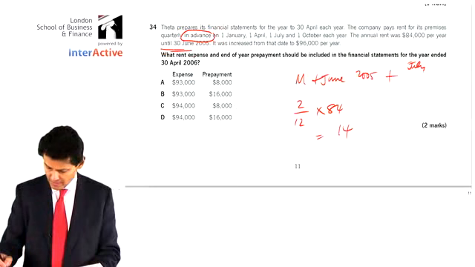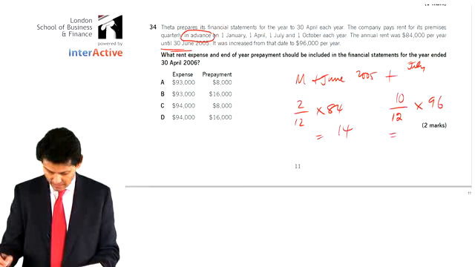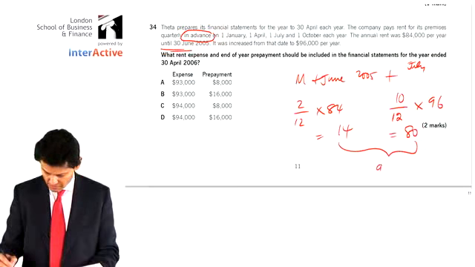So actually that's 10 months. 10/12 multiplied by 96 is obviously 80. If you grab hold of both of those things, 94 should be the expense.